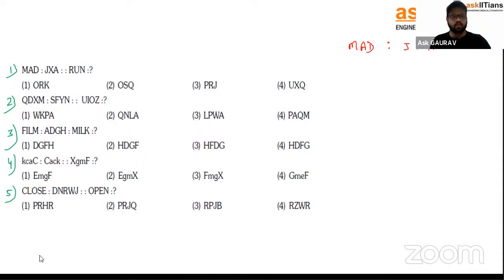Which pattern is it following? Identify the pattern, guys.